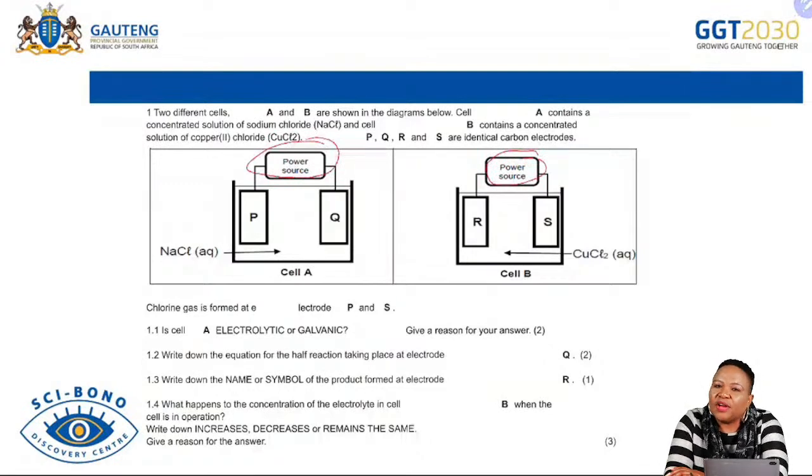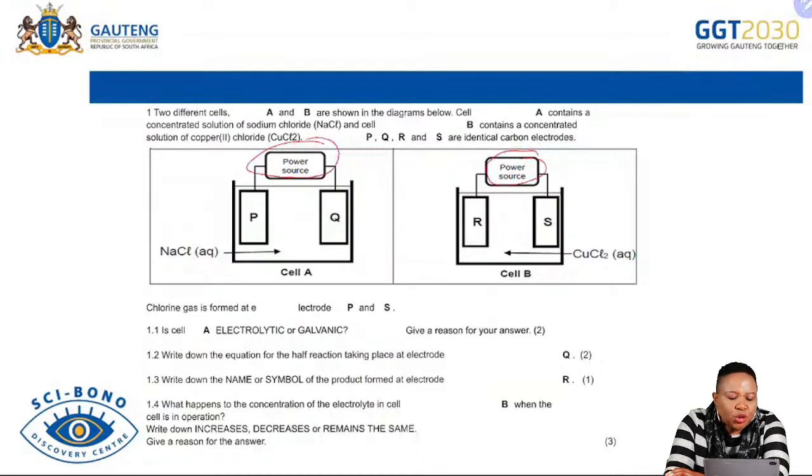So what I can advise you to do, before you look at the question, is to analyze the diagram that you are given, and gather as many facts as possible about the diagram or the process that is being asked.